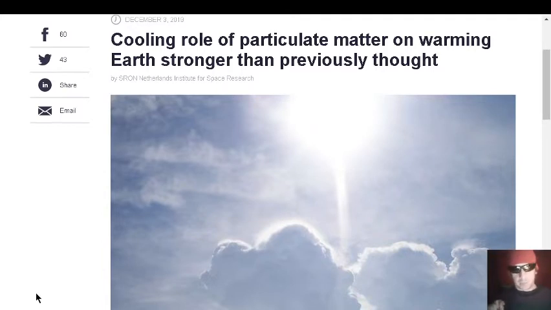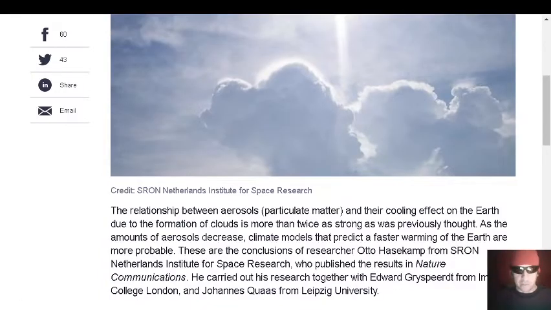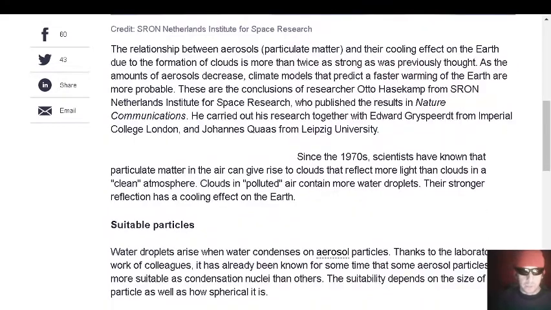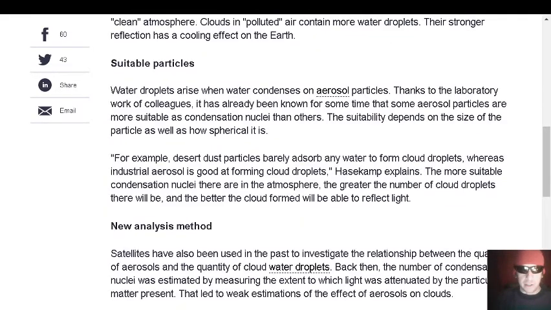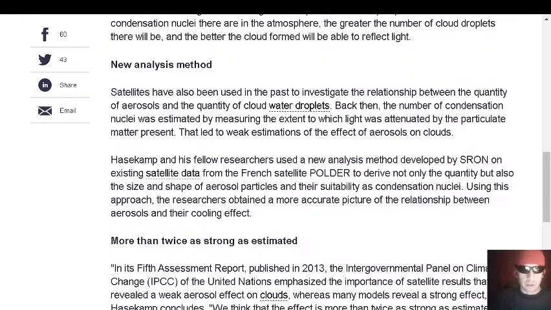Let's talk about particulate matter. Now, the IPCC5, the International Panel on Climate Change's latest report, does not properly figure in for cloud nucleation, the albedo effect that is caused by aerosols in the atmosphere. Well, guess what?